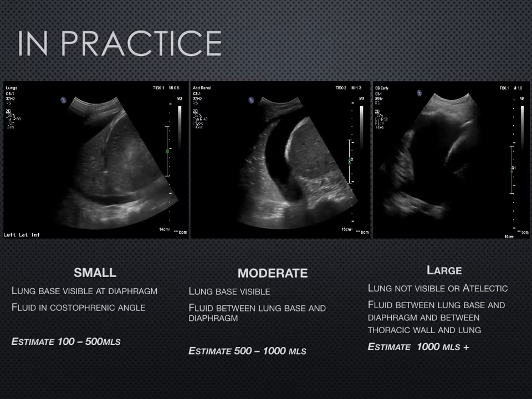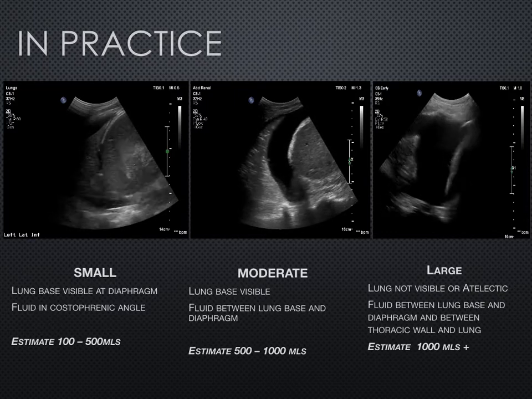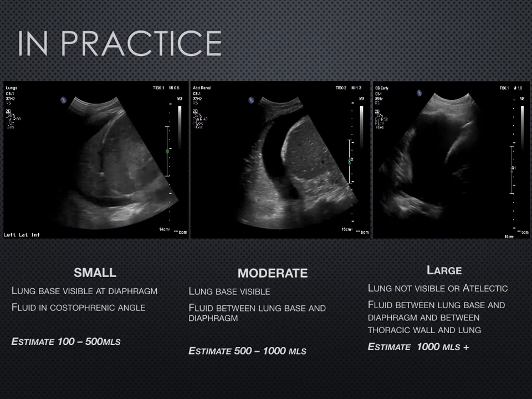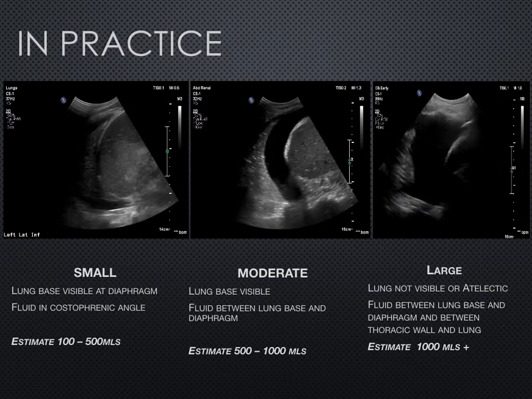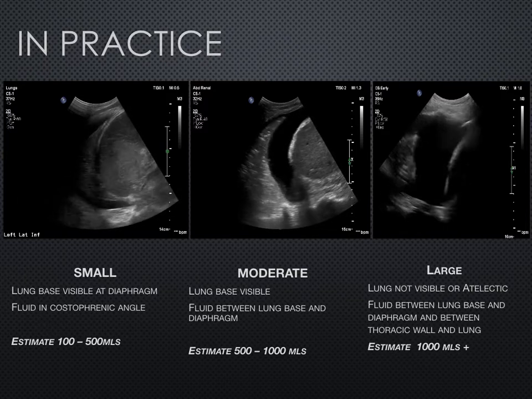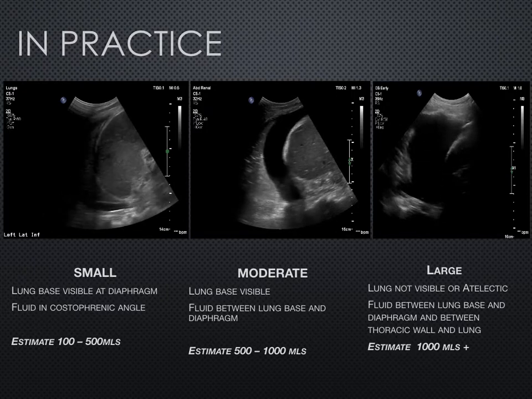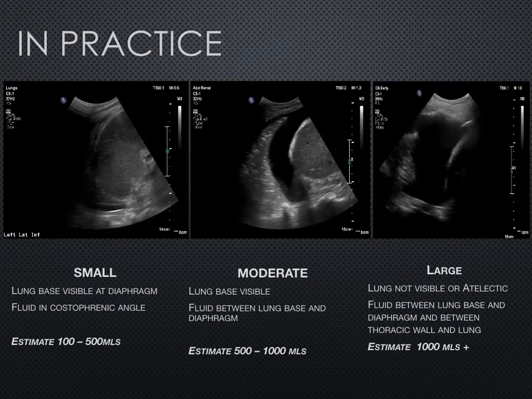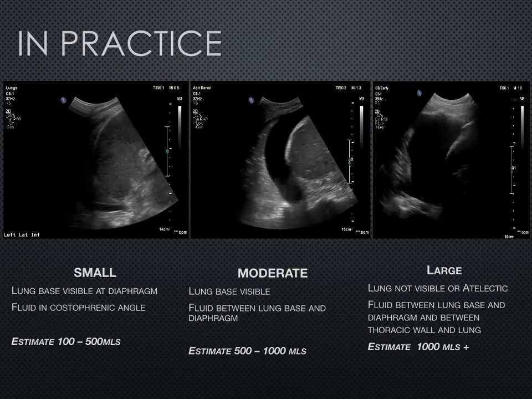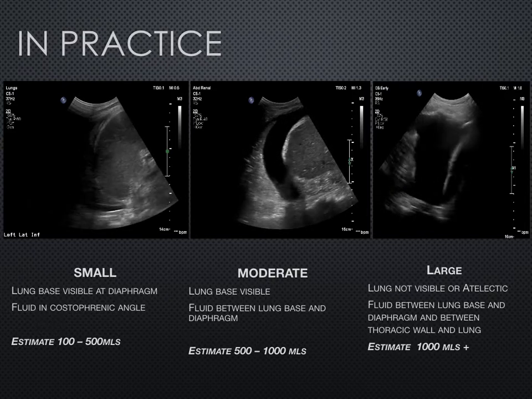The more pleural effusions you see, the better able you are to interpret the approximate volume of fluid that might be within that space. So I've given some good examples here of what you might consider as a small, a moderate, or a large effusion.